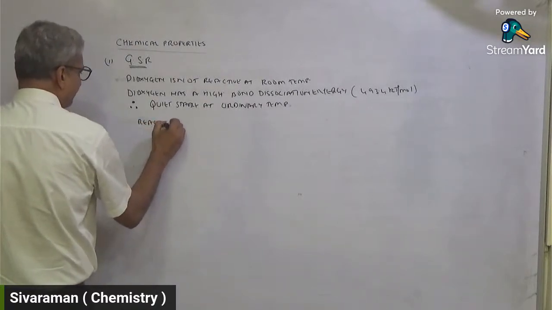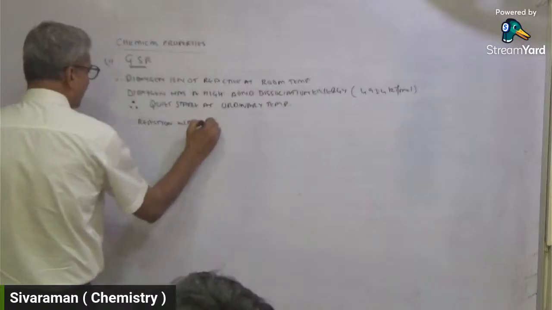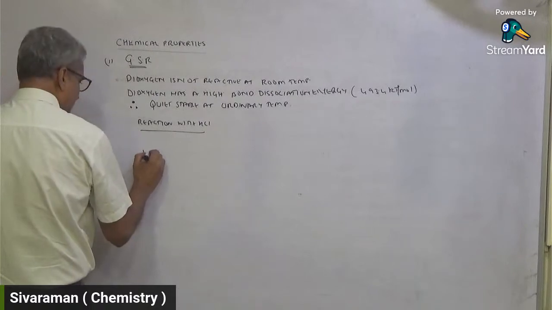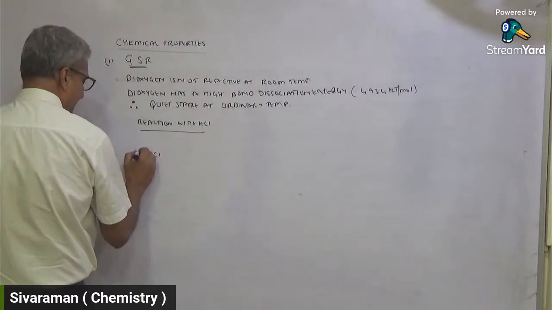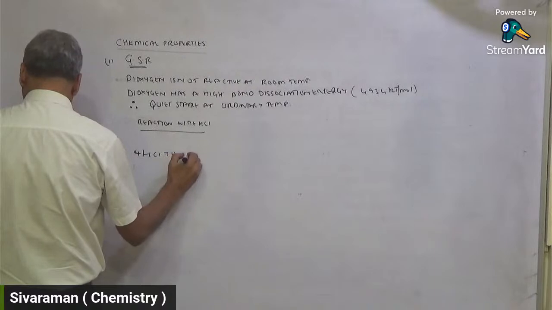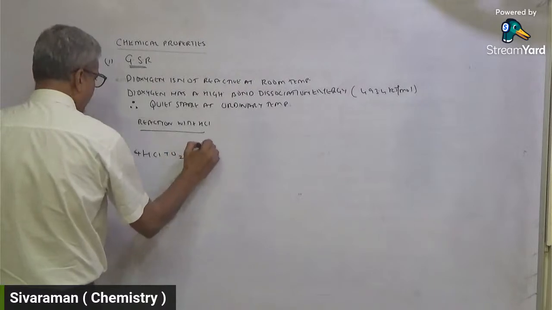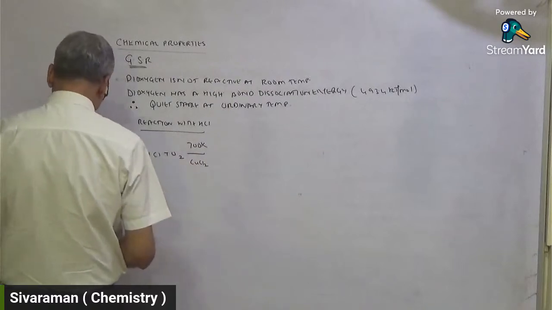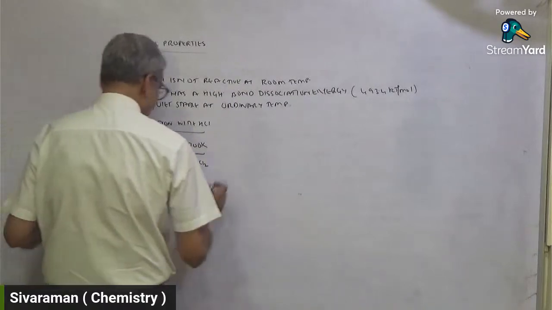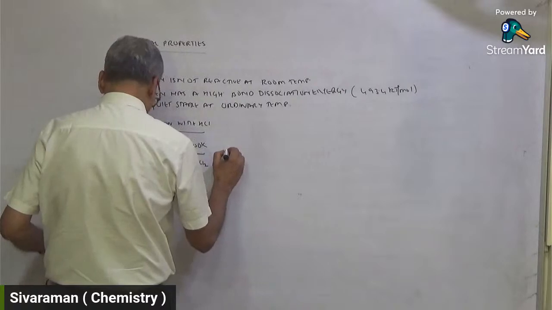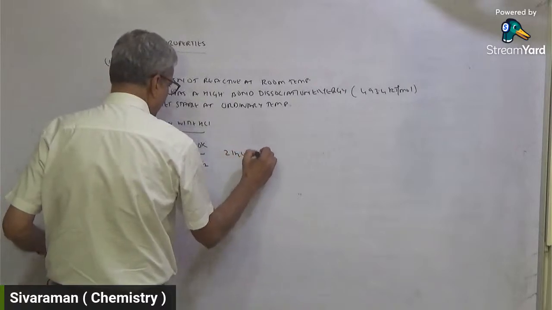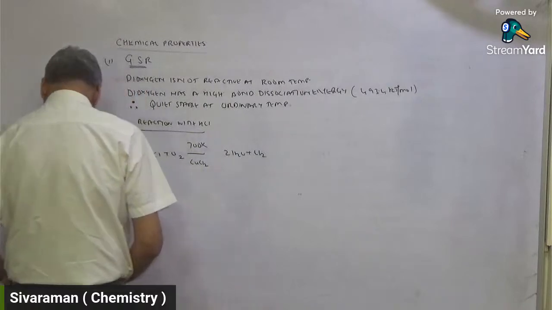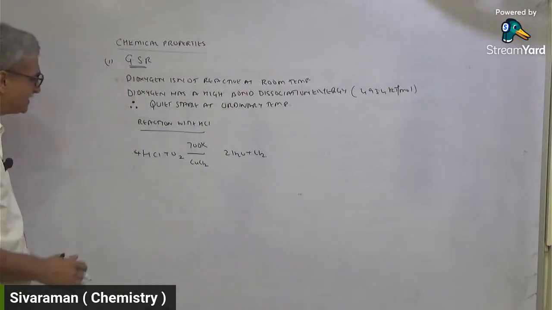Reaction with HCl: HCl plus O2, at high temperature 700 Kelvin, with cupric chloride, reacts to form 2H2O and gives Cl2 gas. Everything else is repeat.